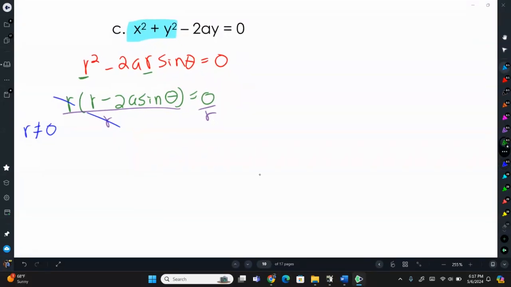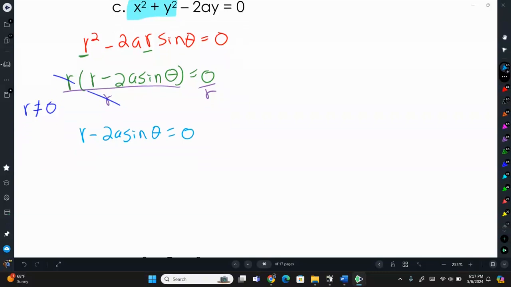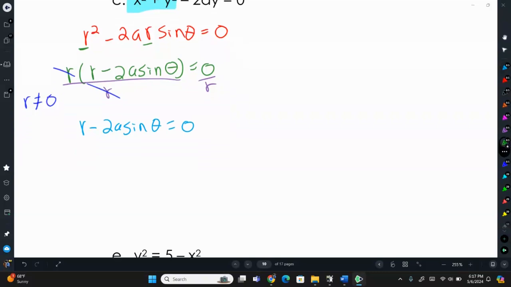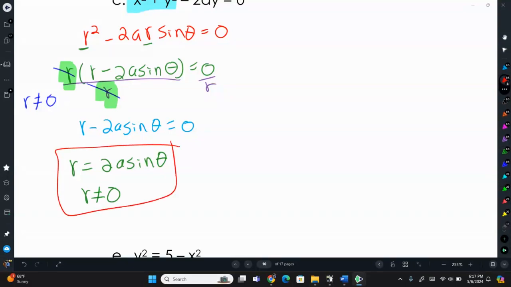So then we're left with r minus 2a sine theta equals 0. Well, we're going to add 2a sine theta to both sides. So then we get r is equal to 2a sine of theta. And again, we say that r cannot equal 0 because we divided by r right here. So this would be our final answer.